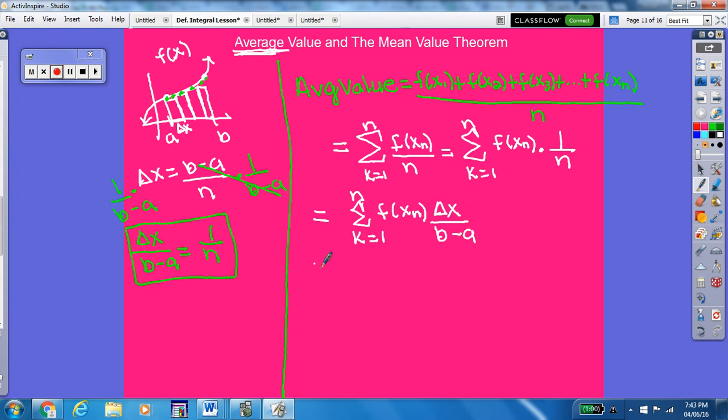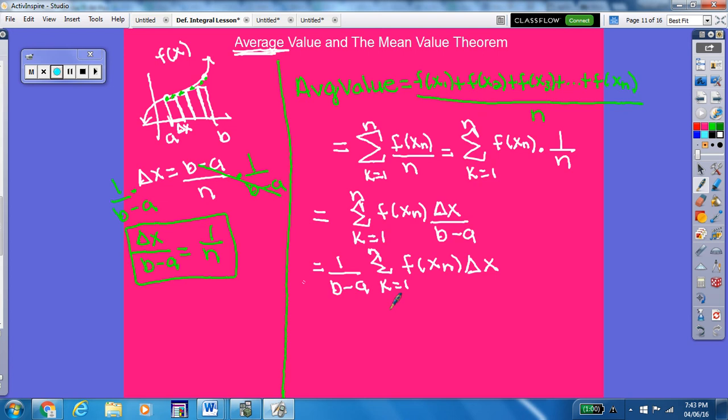So I'm going to go ahead and take it out. Remember it's on the bottom, so the top, if I factor only the b minus a, there's a 1 on top. So there's my sigma, k equals 1, and what's left over inside is f of x sub n, and we're going to multiply that by delta x.